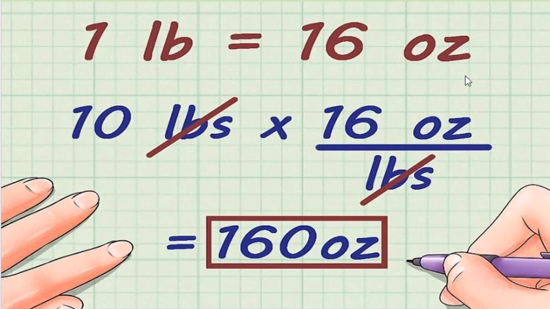If you are doing this work for school, you may even lose points for forgetting to label. In our example, we would write our answer as either 160 ounces or 160 oz. Both mean the same thing, right?